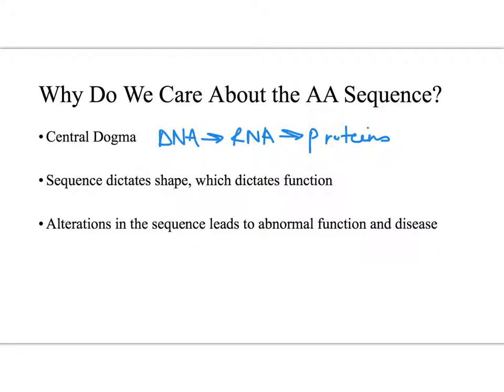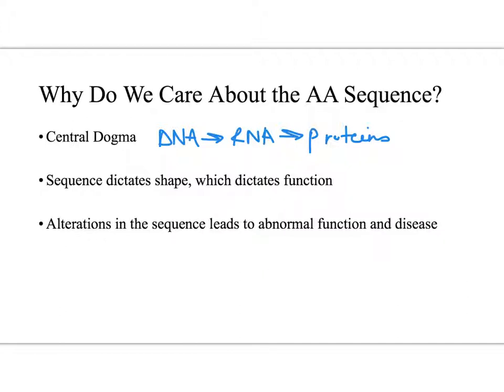The amino acid sequence is determined by the nucleotide sequence of the genes. So the sequence is ultimately determined by the DNA. The DNA codes for the RNA, and the RNA specifies the amino acids and how they're going to be put together. We'll look at that through the course of this semester.